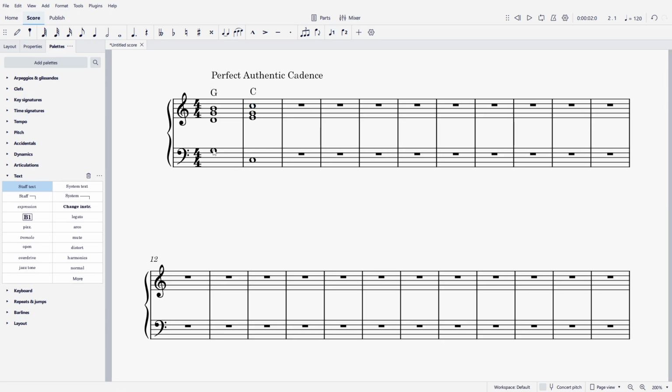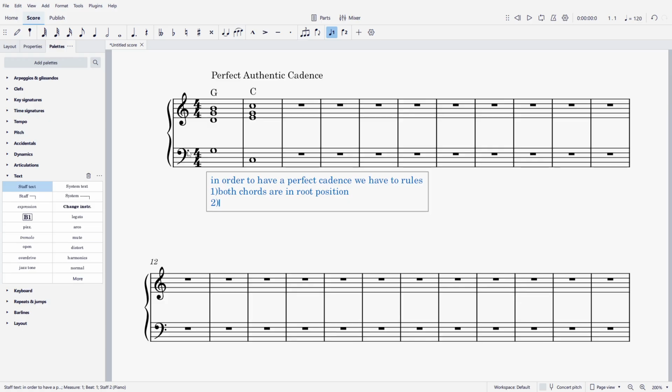So let me write that down. In order to have a perfect cadence, we have two rules. First one: both chords are in root position.